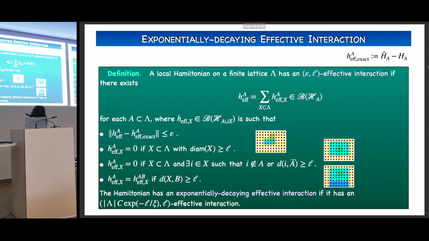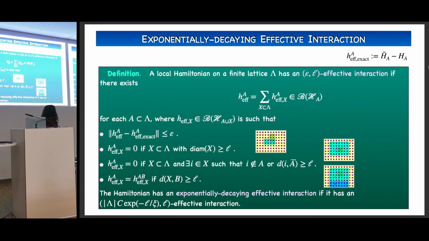Then we need that each of these interactions vanish if the relation between A and X is not good enough. And by this I mean if X is in Lambda with a diameter that is too large, so larger than this L in particular, or if X is not contained in A, then this term also vanishes, or if X is contained in A, but it's so small that one side is too far from the complement of A. In that case, these terms also vanish.